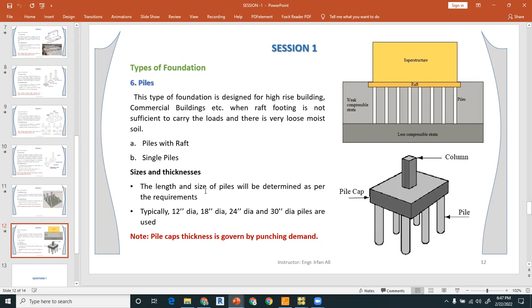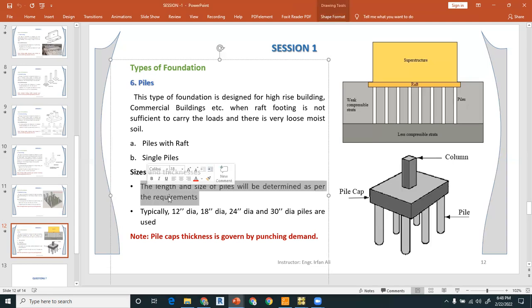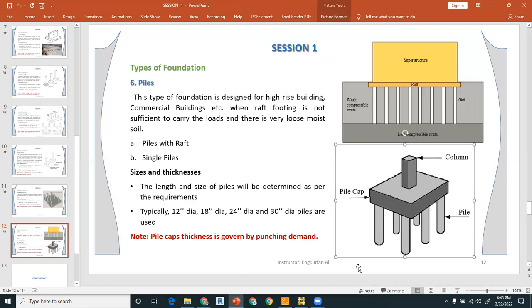The length and size of the piles will be determined as per the requirement, right? And this information about the capacity or the length, for example, if I take a 40 feet pile, what will be the capacity and the size of the 40 feet pile? This information will be given in the geotechnical report, and you will request the consultancy to provide the capacity of these piles, and then you have to select the capacity and design your structure as per the requirement.